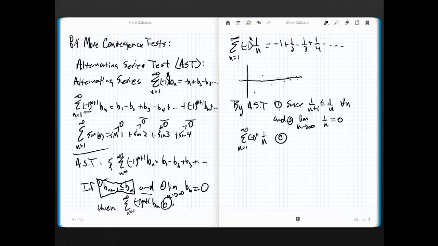So the series 1 over n, which is harmonic, we've already proven, diverges, but the alternating series converges because we're subtracting out values. Now again, we don't know what it converges to, and I'm going to show you a way to figure that out, which is pretty cool.